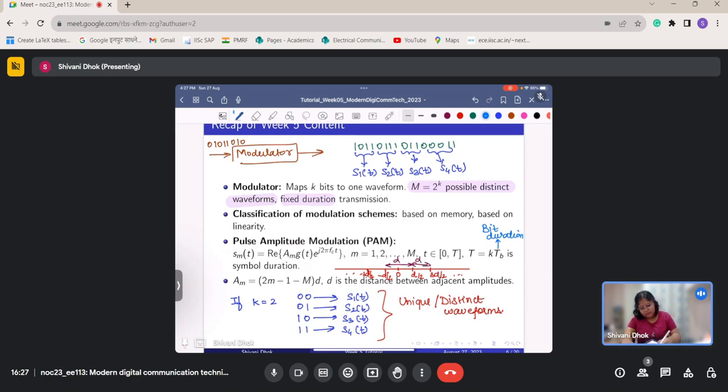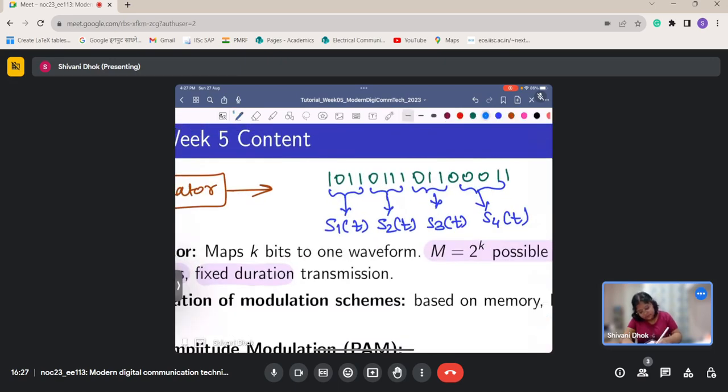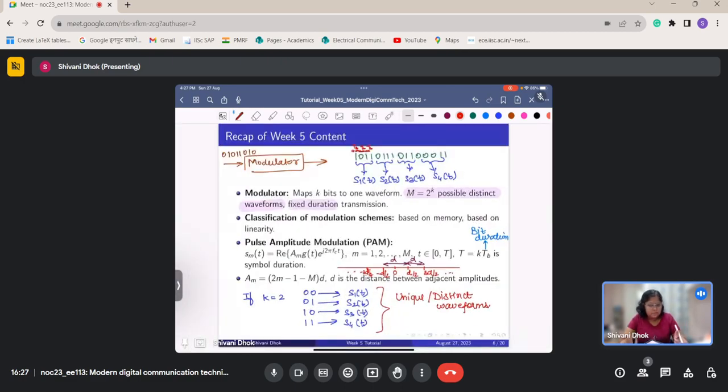What do we mean by bit duration? We have this bit stream coming from my encoder. So each of these bits is generated for Tb duration, or rather takes time Tb. From where does this Tb come? Before the encoding process happens, we have an analog signal, we sample it, we quantize it, we have some sampling frequency.